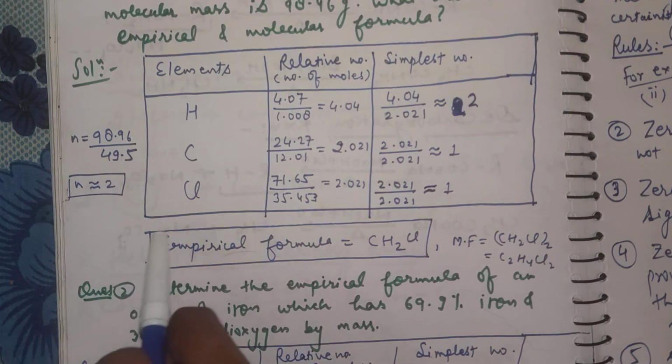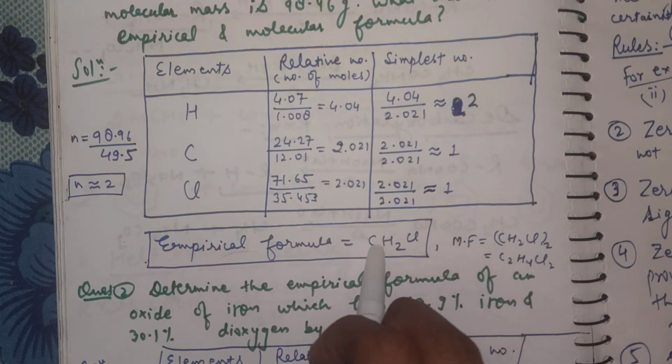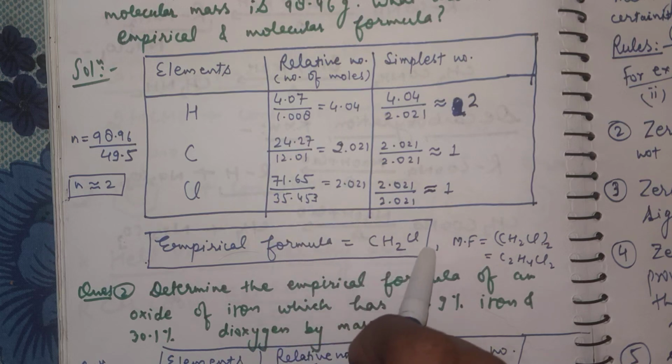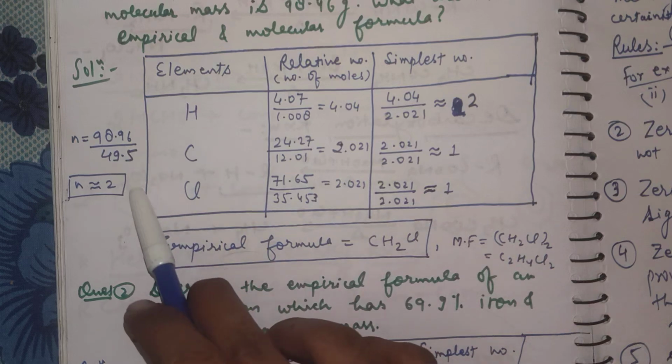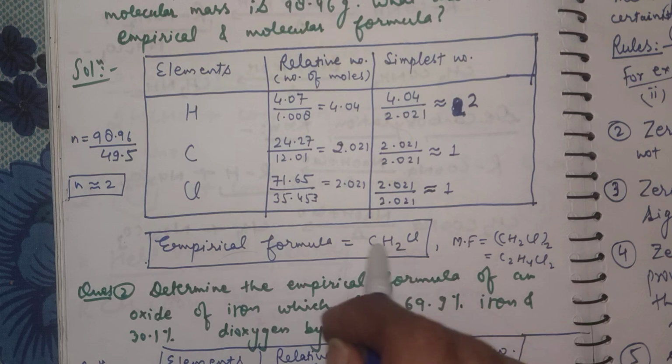So for the molecular formula, we multiply CH2Cl by n, so we get C2H4Cl2, because n is 2. In this way we can easily calculate the empirical and molecular formula.